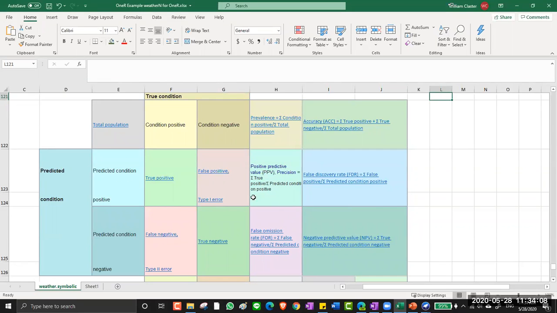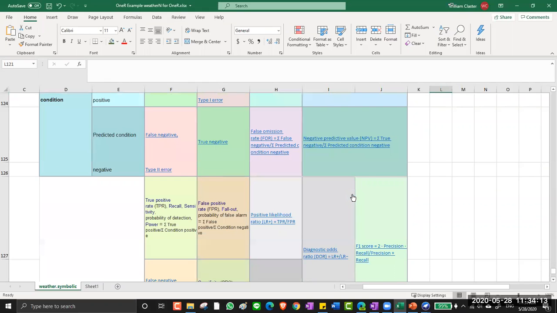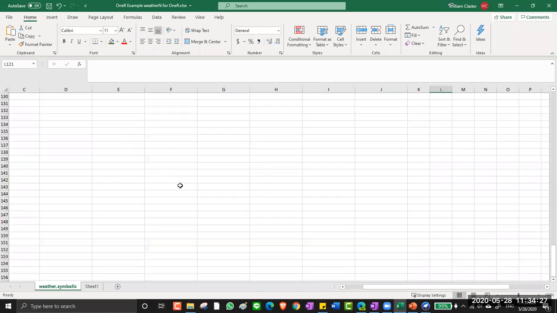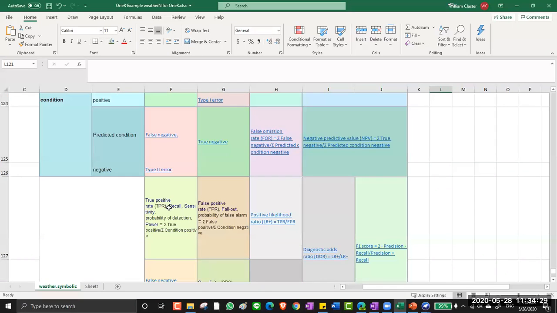But if you go this way, or you go down and down, you get different names. There's one that's called sensitivity, and the true positive rate is also called sensitivity.